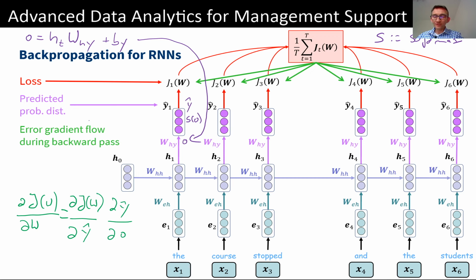And the first term, the derivative of the cost function with regard to y hat, there we need the derivative of the cross entropy loss function. And for the second term, we need the derivative of the softmax.